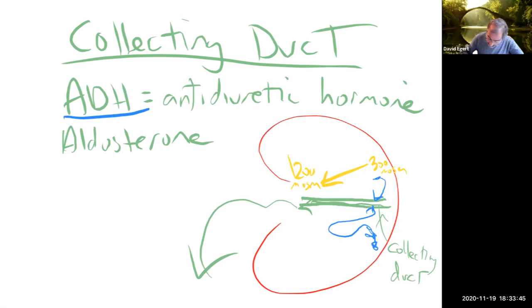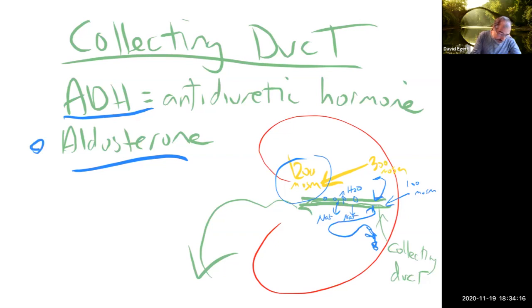So antidiuretic hormone is going to open up water channels. Water channels mean H2O is going to come back into the body because, again, the filtrate entering here is only like 100 milliosmolar and it's 1200 milliosmolar outside. So the water gets sucked back into your body. Aldosterone is going to turn on sodium pumps that reclaim sodium back into the body.